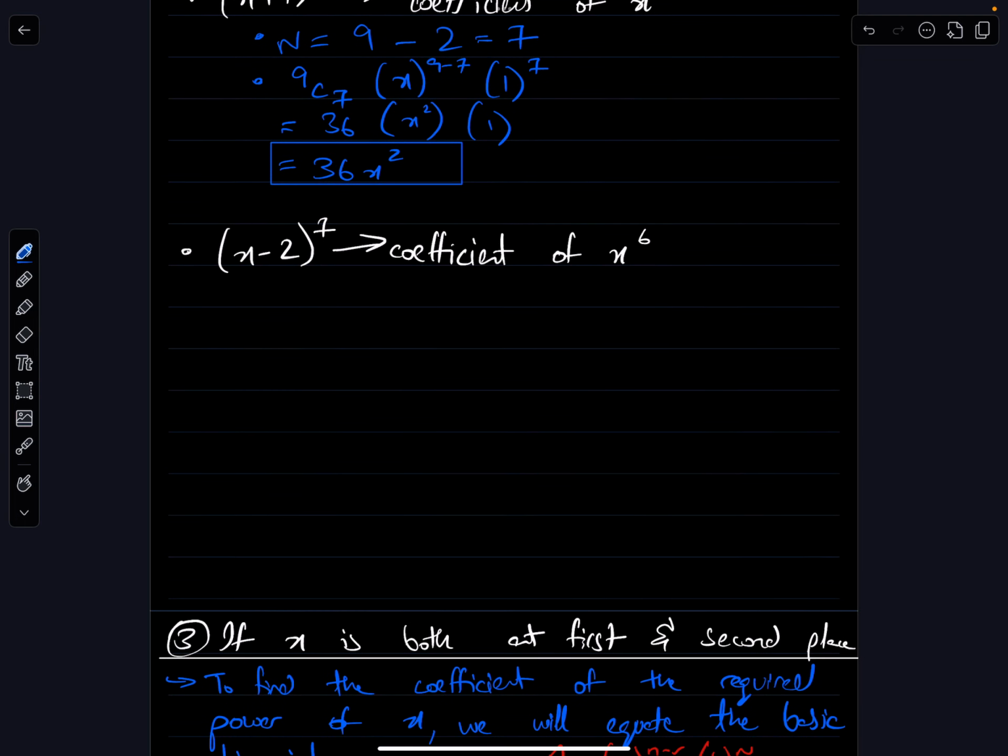Now for our second example, we have this thing. The required power of x is 6, the power of the bracket is 7, thus r is equal to 7 minus 6, and r turns out to be 1.